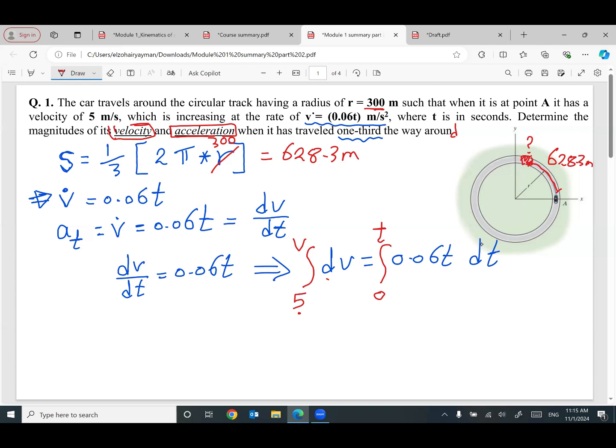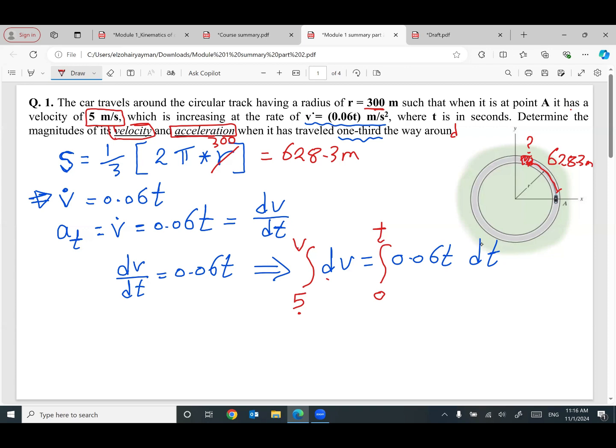What do you mean by 5? If you read your problem carefully, the car started from point A from the beginning. It has a velocity equal to 5 meters per second. This is the initial velocity, the velocity at the beginning. So at the beginning, we have velocity equal to 5.